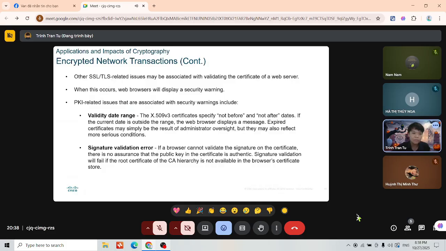For example, an expired certificate outside its not-before or not-after dates triggers a warning. Sometimes it's just admin oversight, but it could also signal a browsing risk. Signature validation errors happen when the browser can't verify the certificate's authenticity.